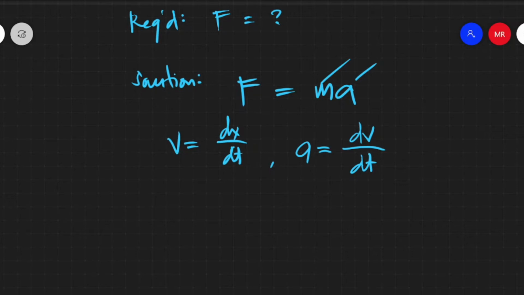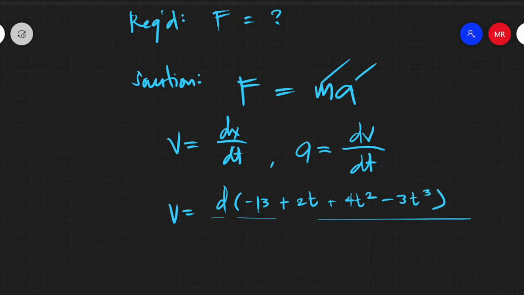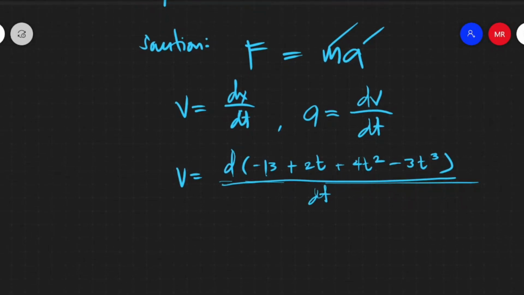So we have v equal to dx/dt, the derivative of our function, which is -13 + 2t + 4t² - 3t³. Now, deriving this position function, we arrive at the velocity function.